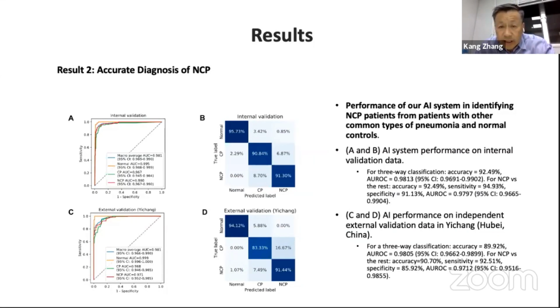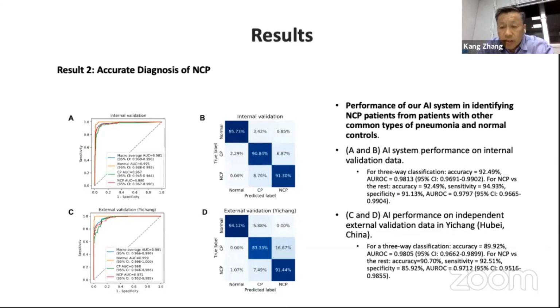We did it against several other pneumonias, and as you can imagine, as a screening tool, we first need to make sure that it gives very high diagnostic accuracy against normal lung, and is also able to differentiate from other common pneumonia. That includes bacterial pneumonia, viral pneumonia, and other pneumonia such as mycoplasma pneumonia. As you can see, it did perform quite well in this regard.